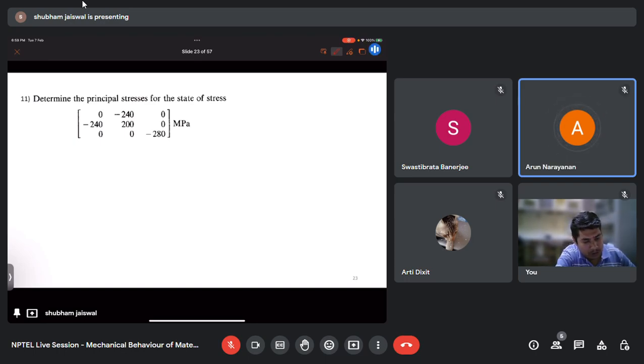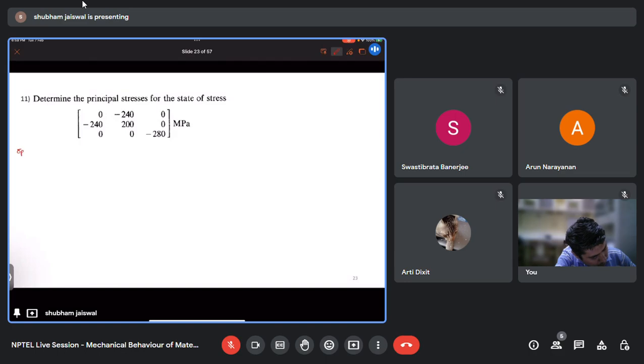Yes, we will use the equation sigma p cube minus I1 sigma p square minus I2 sigma p minus I3 equal to 0. So what is I1? I1 is sigma x plus sigma y plus sigma z. Our sigma x, sigma y, sigma z are the diagonal elements. This is for I1. Am I correct?